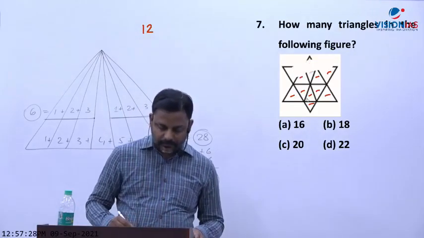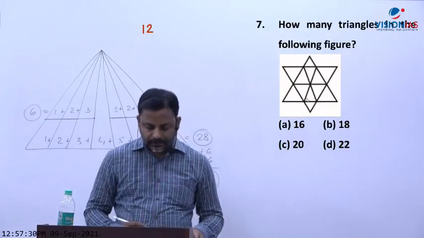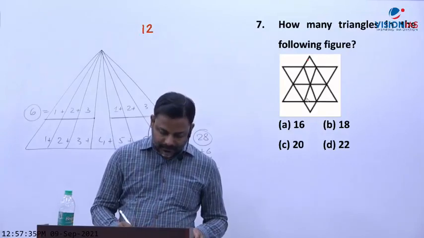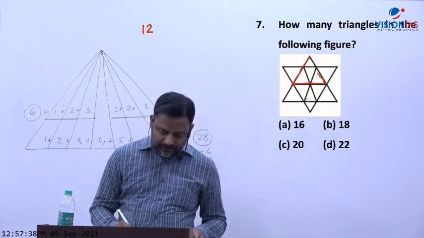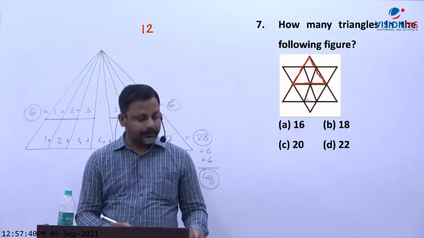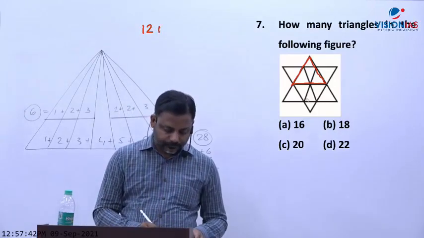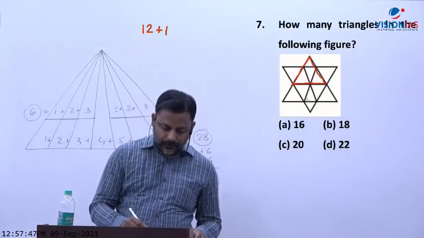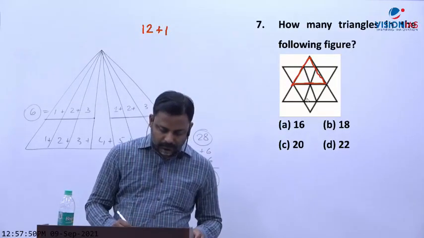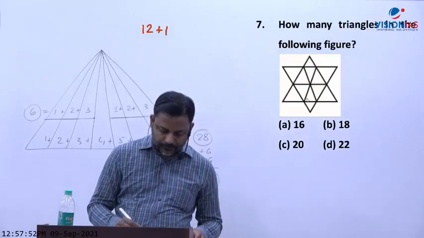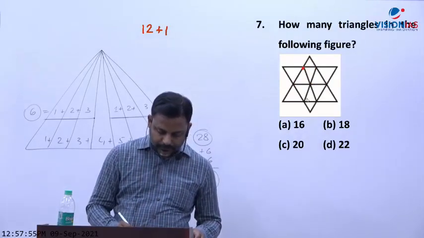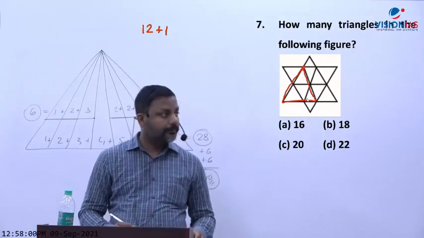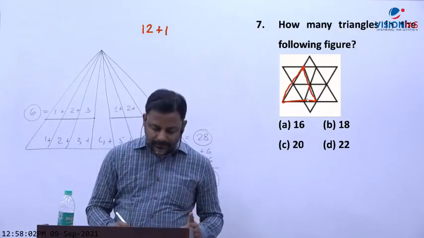Now count these triangles, means by combining the figures, is there any triangle after combining the figures? Like see, is it a triangle? So one triangle is there. 12 plus 1. Okay. Now see from this point. Is there a triangle? So one more triangle is there.